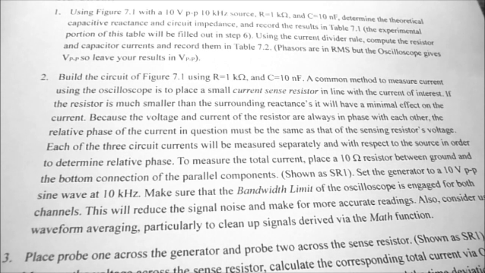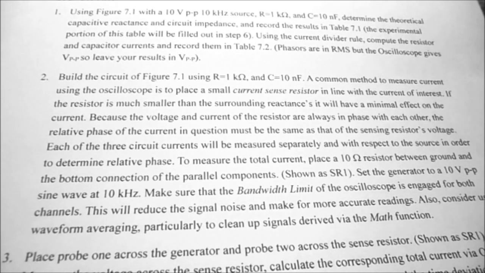Under procedure, step number 2, we're going to build the circuit of figure 7.1 using R of 1K and C of 10 nanofarads. It says a common method to measure current using the oscilloscope is to place a small current sense resistor in line with the currents of interest.